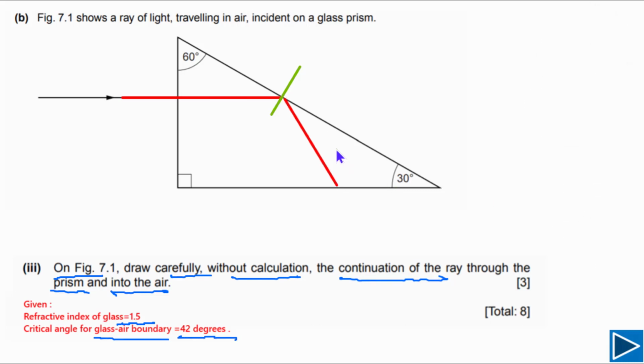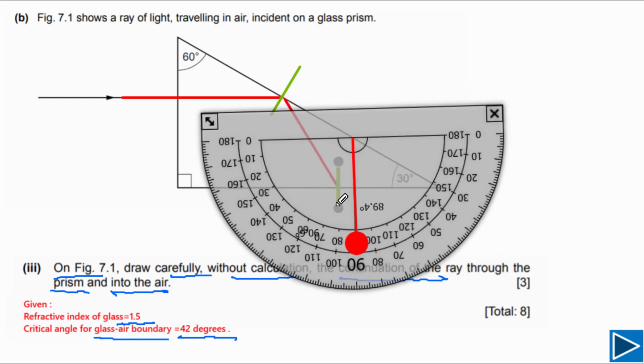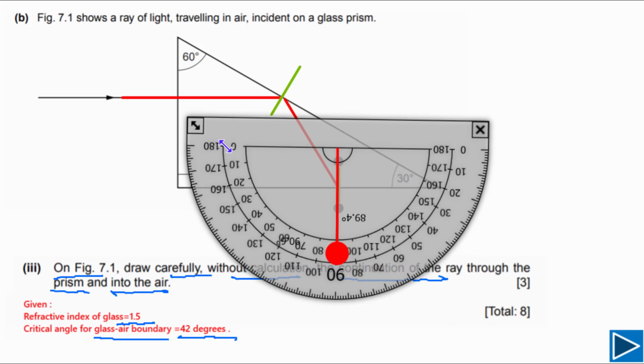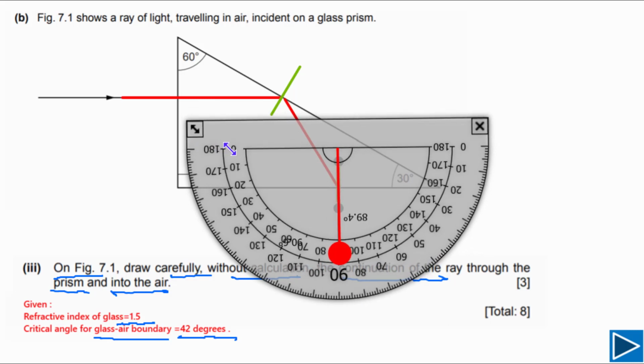Now we need to draw another normal on this side. So let me draw the line here. So this is our normal on this side. We need to measure the angle of incidence. So you need to align your protractor with the normal, and then find out the angle of incidence.